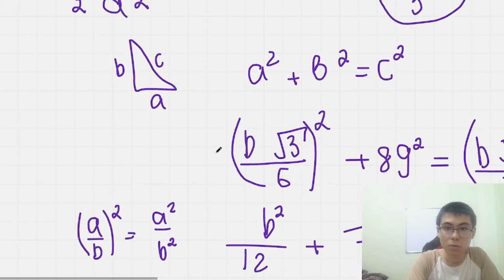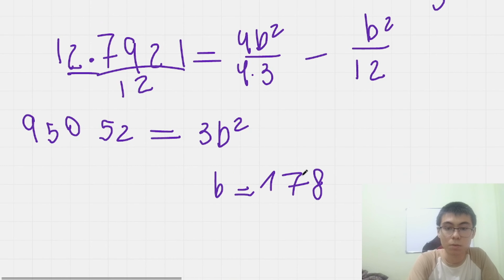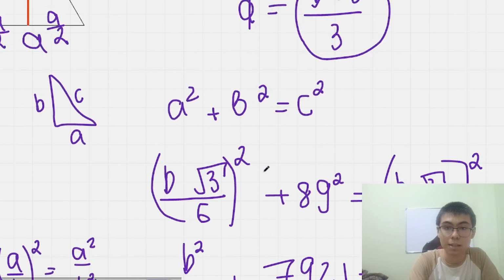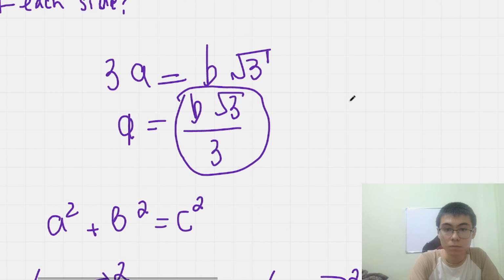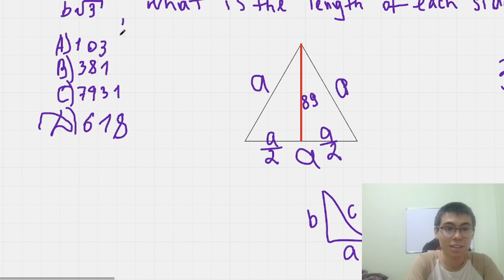Now we have to find the value of a, and we will put 178 instead of b here. So a will equal 178 multiplied by the square root of 3, and then divide that by 3. So we get 103. So let's have a look at the answer choices. A is the correct answer.